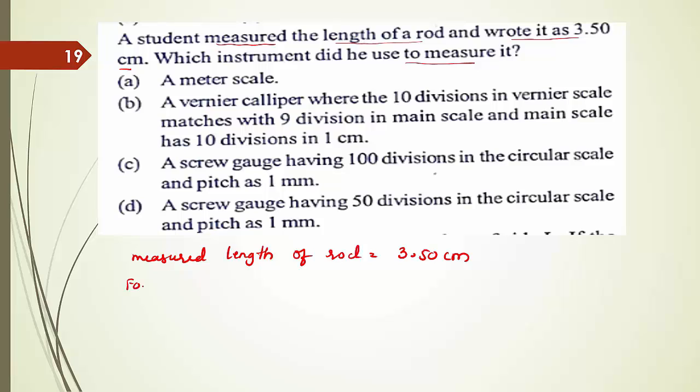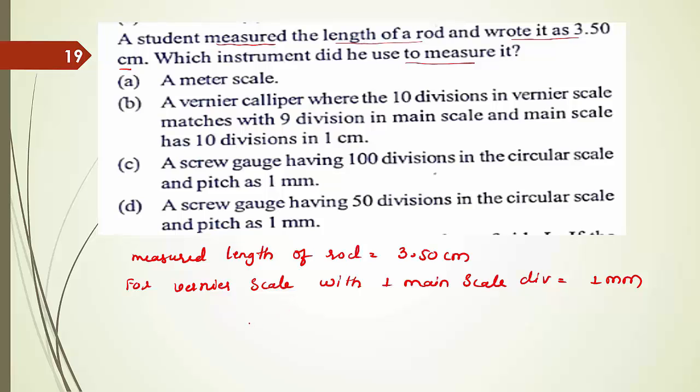See here, when we are using the instrument vernier calipers, one main scale division is equal to 1 millimeter. Yes, you have this experiment in your first PUC, vernier calipers.